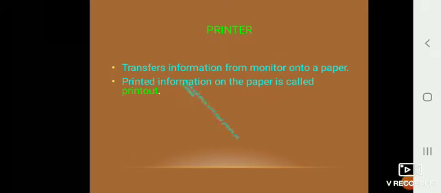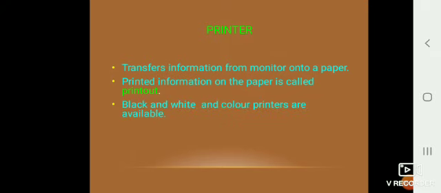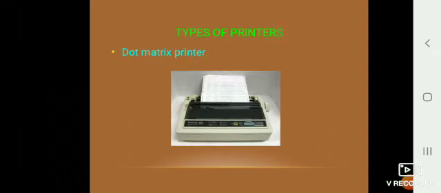We have two kinds of printers, black and white printers, and color printers are also available in the market, isn't it? We also have three types of printers. First one is dot matrix printer.